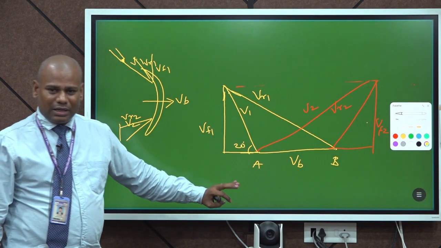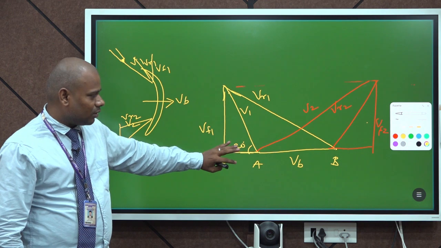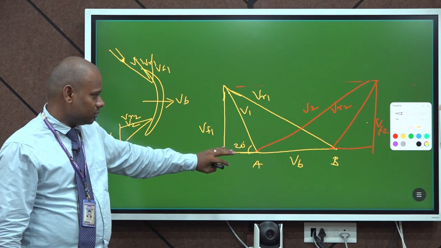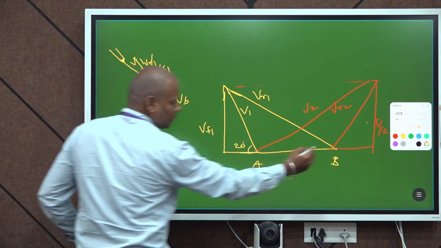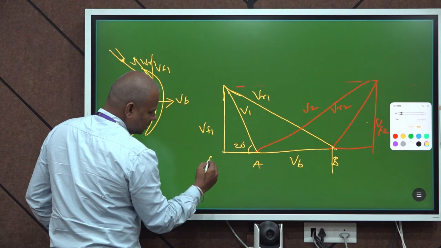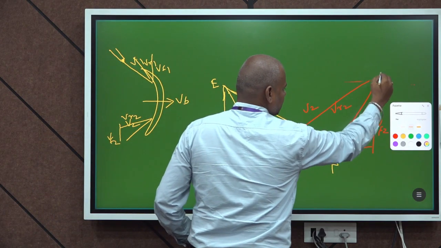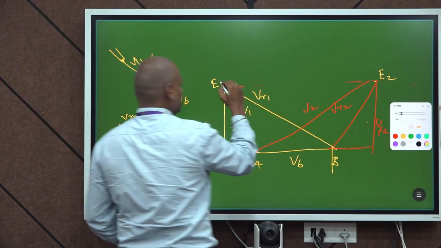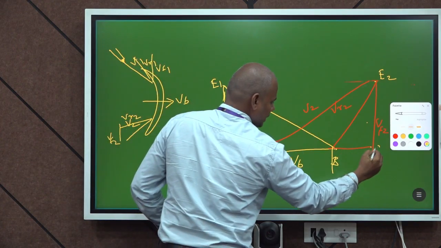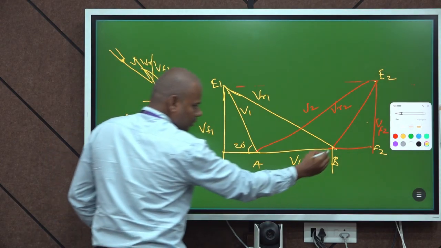So this is easy to understand, so that's the reason why I have brought out this inverted triangle of what you actually have seen in books or in videos. So this is how you have to draw, and from B to this point we will consider this as F, we will consider this point as E, we will consider this point as E2, since it is an outlet, F2, F1.